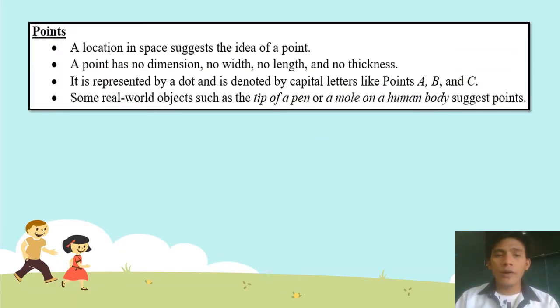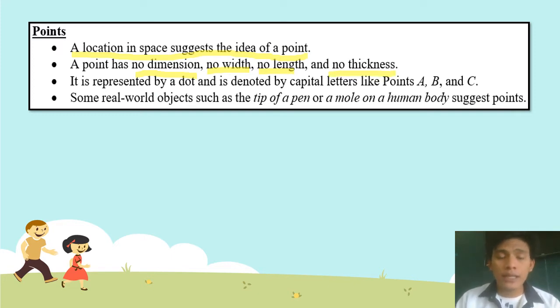When we say points, a location in space suggests the idea of a point. A point has no dimension. It has no width, no length, and no thickness.